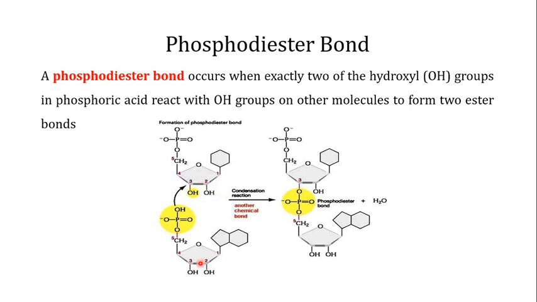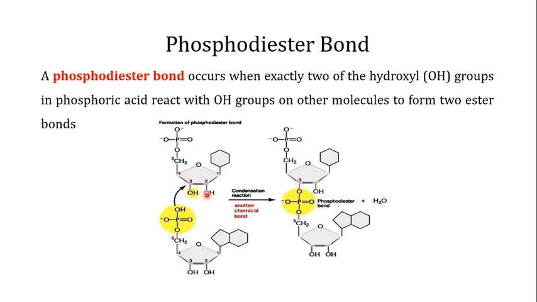When the 2 nucleotides are connected to each other by the phosphodiester bond, this is a condensation reaction. A condensation reaction simply refers to those reactions in which a water molecule is released. So when this nucleotide interacts with this nucleotide by the formation of the phosphodiester bond, it liberates a water molecule, therefore this reaction is known as a condensation reaction.